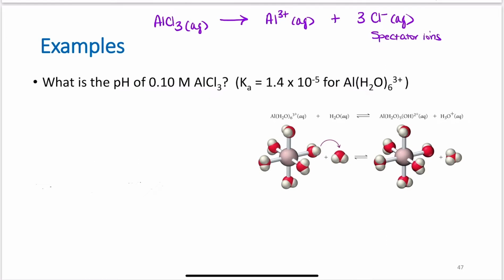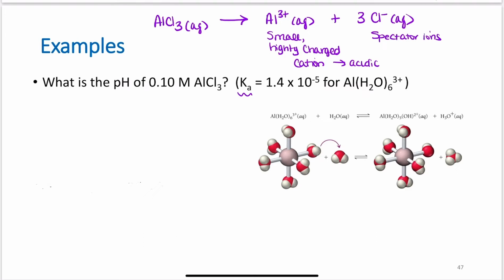But Al3+, a small, highly charged cation, is going to form an acidic solution. I also see here a Ka value that highly suggests that it's going to form an acidic solution.